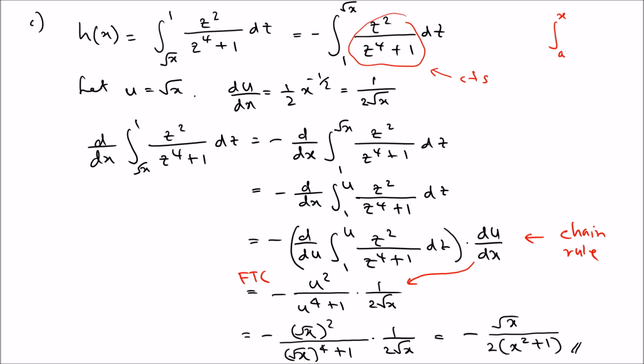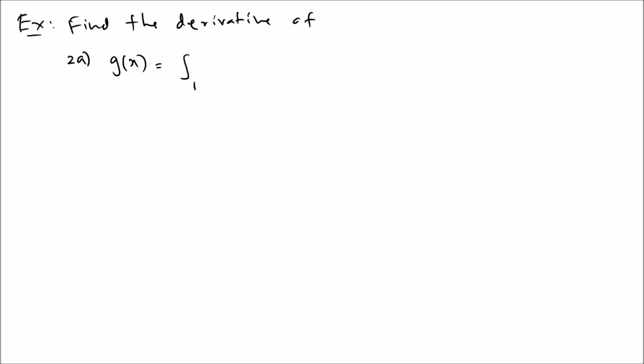I'm going to give you 2 problems for you to try, so you can try these as exercises. We have these. Find the derivative of the following. The first one, 2a: g(x) equals the integral from 1 to x of ln(1 plus t squared) dt.